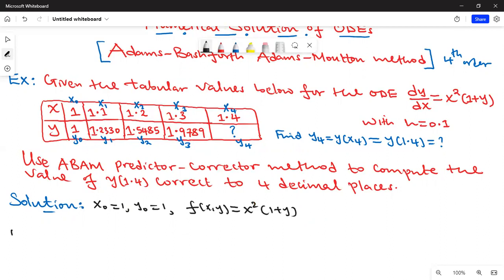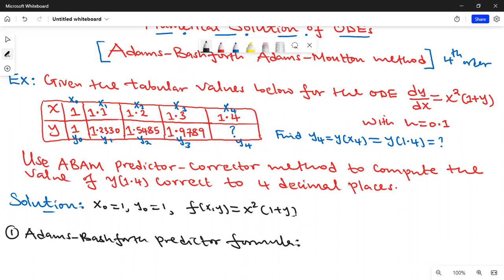So number one is the Adams-Bashforth predictor formula.